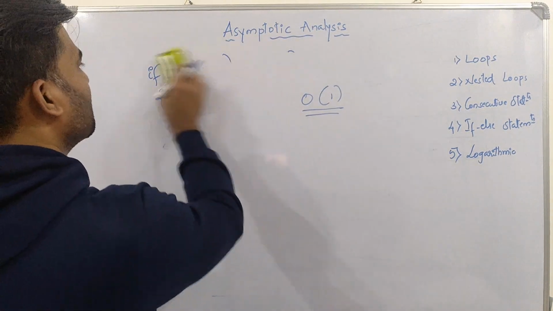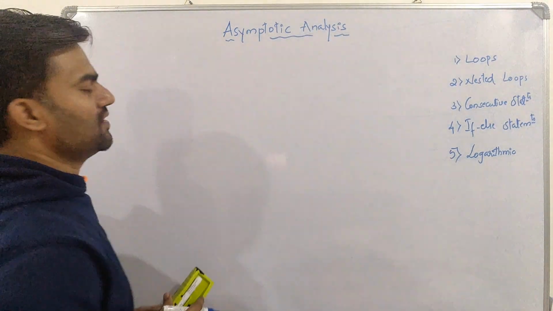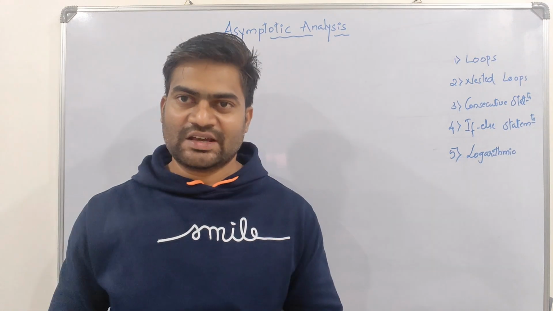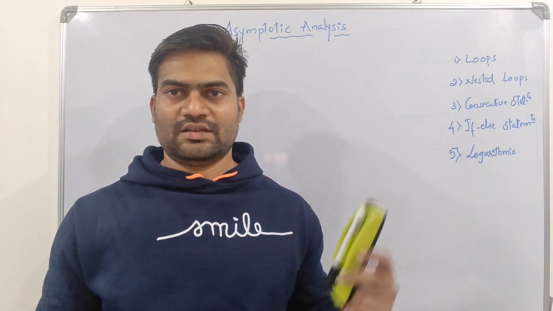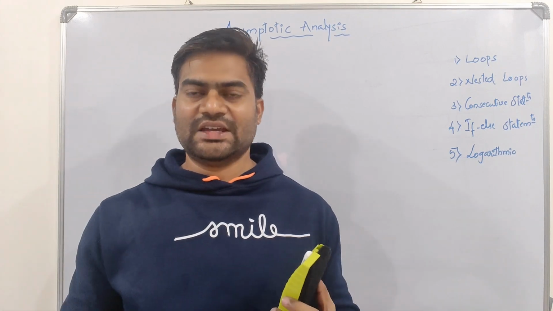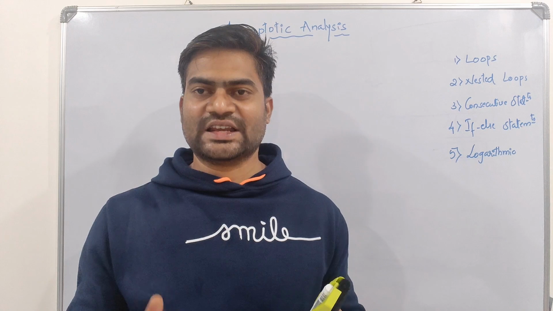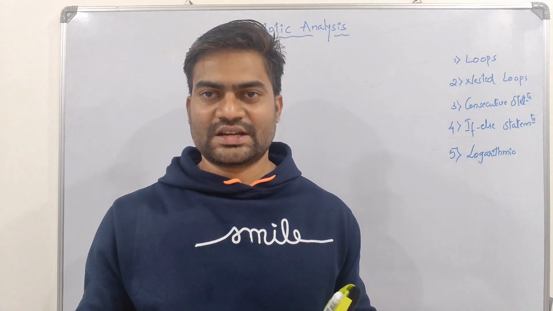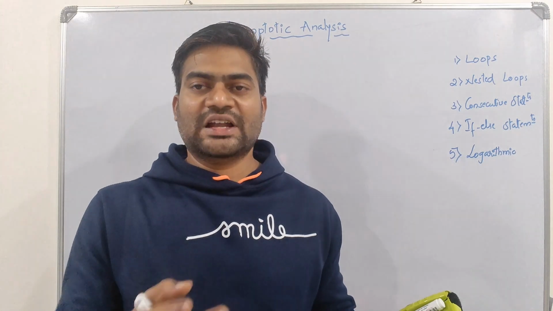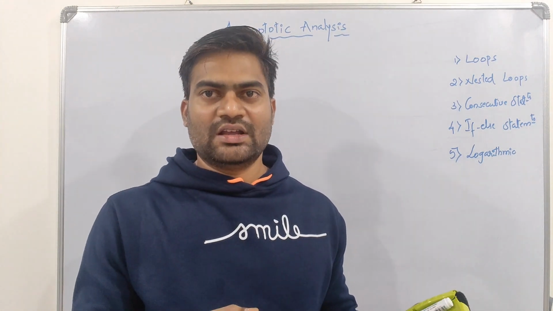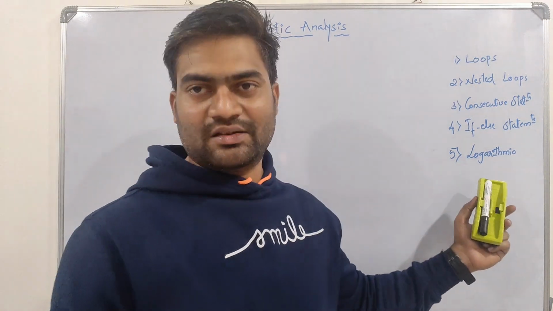Next one is logarithmic running time. This occurs normally when, in the earlier for loops, i was growing one after the other, meaning it was incrementing by 1 on each iteration. But here, if i gets multiplied by some number, then we get this particular logarithmic time complexity.